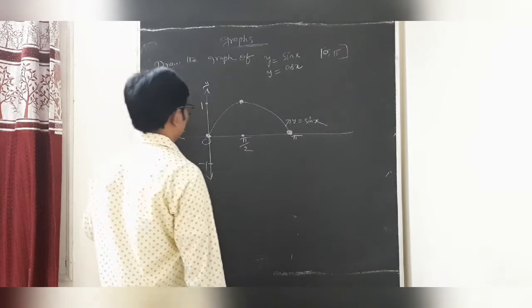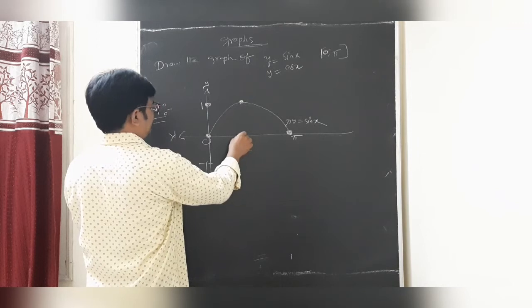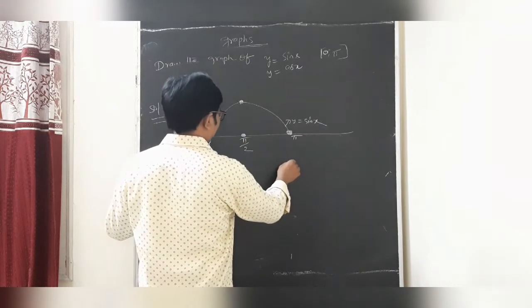Now students, you can write cos x. Cos 0 is 1, cos 90 is 0, cos pi is minus 1.